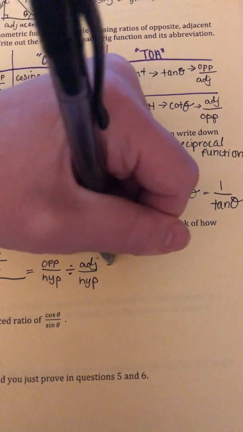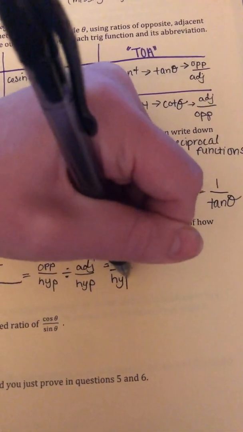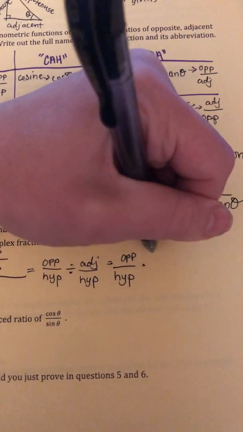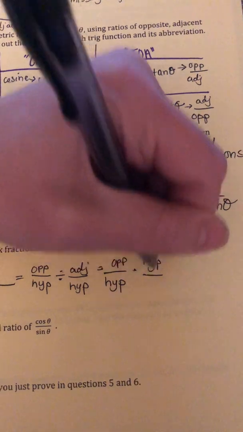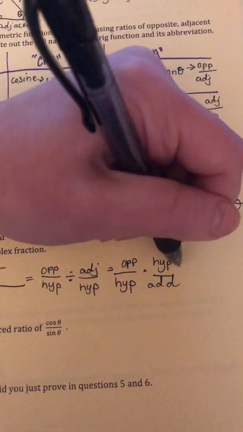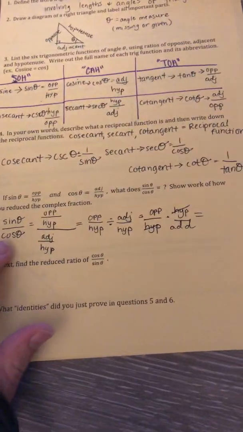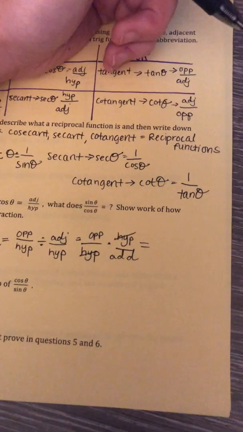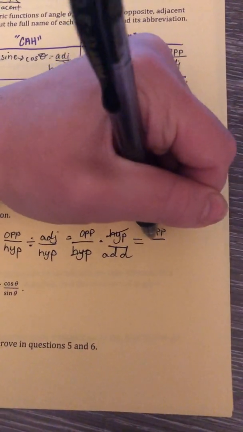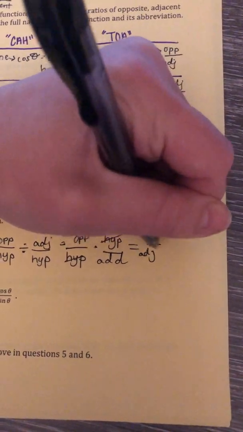We would then flip the second fraction to multiply. This is just showing you how we get certain things, and it'll make a lot more sense. So I'm going to flip this one and multiply. It'll be hypotenuse over adjacent. And look, when we multiply these, we can cross out the hypotenuse. So technically, sine over cosine is equal to opposite over adjacent.